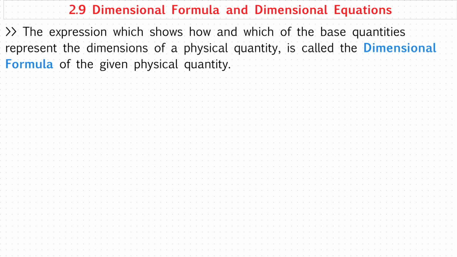For example, the dimensional formula of volume is M0, L3 and T0. Let me clarify one thing here: this is basically M raised to 0, L raised to 3, T raised to 0. But by convention, it is said like M0, L3, T0. So here the dimensional formula of volume is M0, L3, T0.